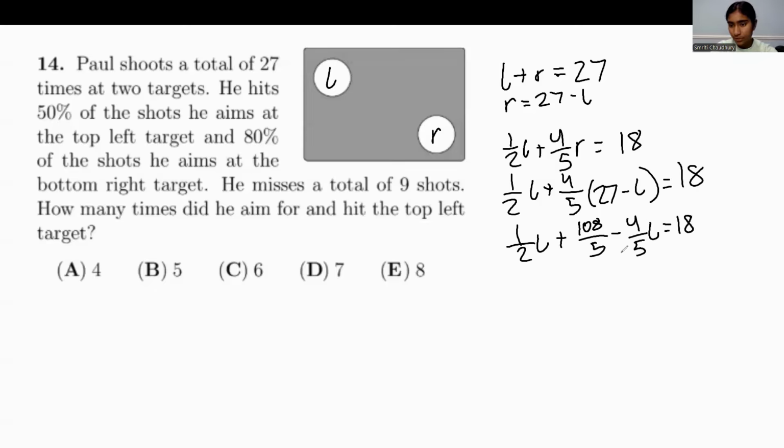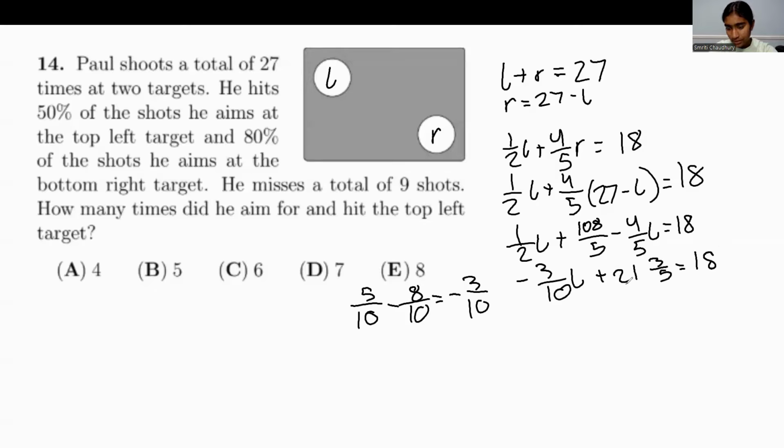Now, half L minus 4/5 L we'll do over in this corner. So half is also the same as 5/10 minus 4/5, which is also the same as 8/10. So 5 minus 8, we've got -3/10. So we have -3/10 L plus, and then 108 over 5 is 21 3/5, equals 18.